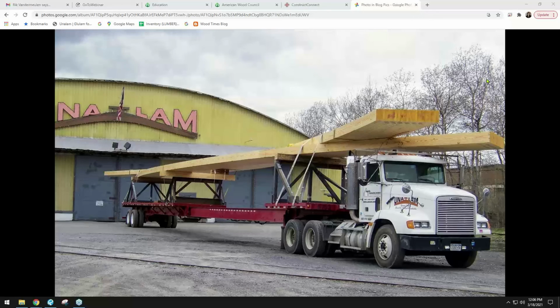We had another question come in on designing for curves. Let me pull up my screen here. I've got the NDS available. So when you're designing for curved members, you will have to apply the curvature factor for curved portions of bending members. There we go.